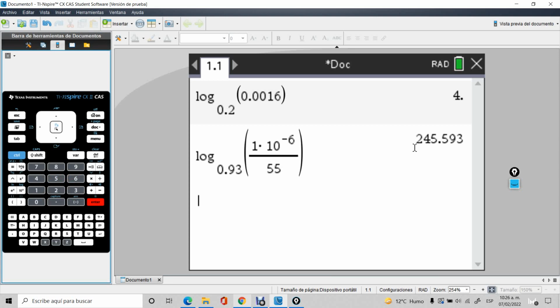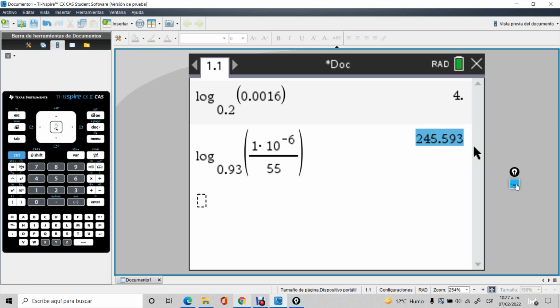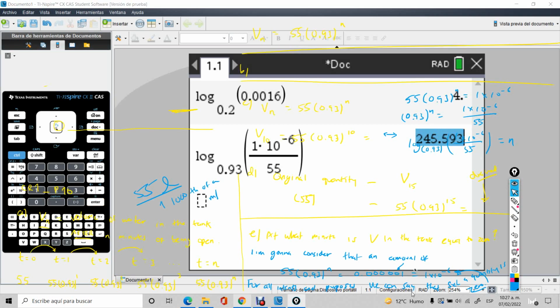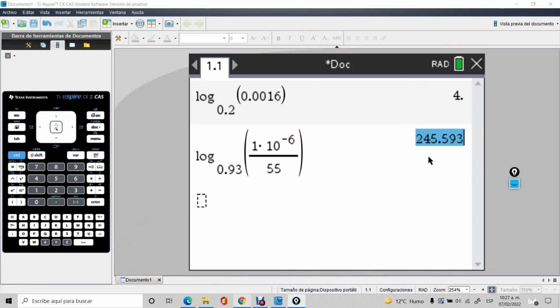And we have an answer of 245 minutes. At 245 minutes after we open the tank, there is 1/1,000 of a milliliter. Just think of how tiny a milliliter is, and then divide that by 1,000. So for all intents and purposes, for all that I wrote here, after this many minutes there is practically zero water in the tank, and that should be a perfectly good and reasonable answer.